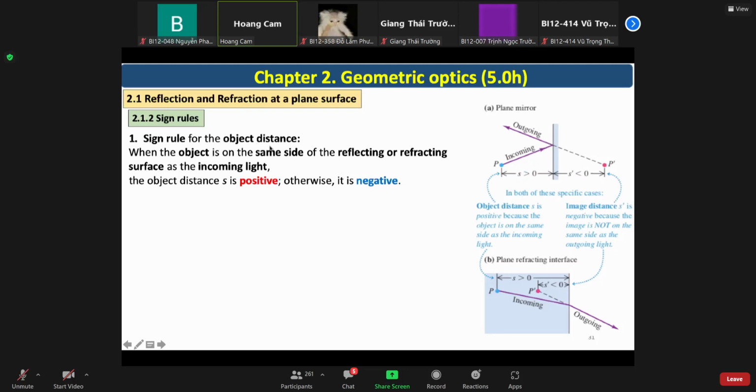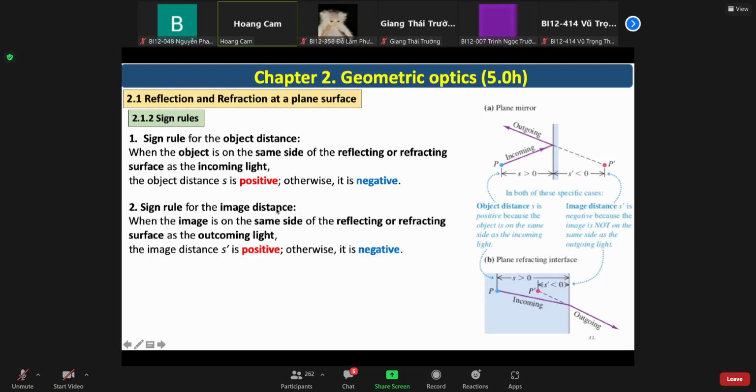So when the object is on the same side of the reflecting or refracting surface as the incoming light. So here in this case, for example, the object is here, the incoming light is here, and the reflecting surface is here. So the object, yes, is on the same side of the reflecting surface as the incoming light. So the object distance is positive. In this case, the object distance is positive, otherwise it is negative.